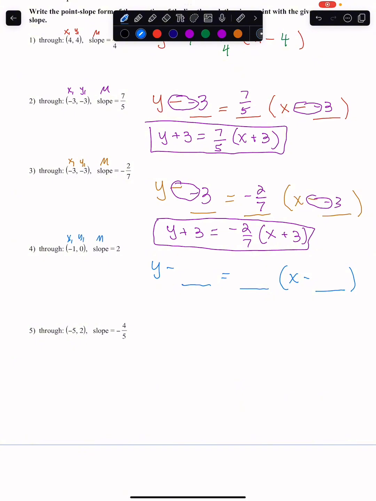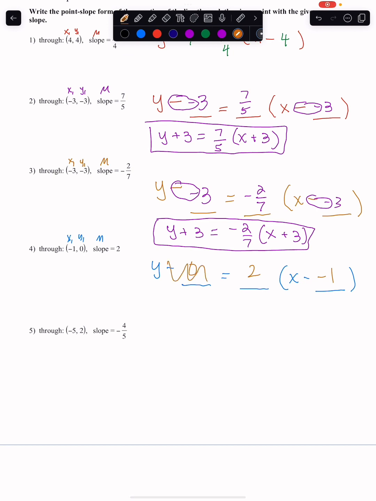So here's our x1, our y1. This is our m. So our y1 is 0, m is 2, x1 is negative 1. And what this is going to change to is, because y minus 0 is just y, we can get rid of that.